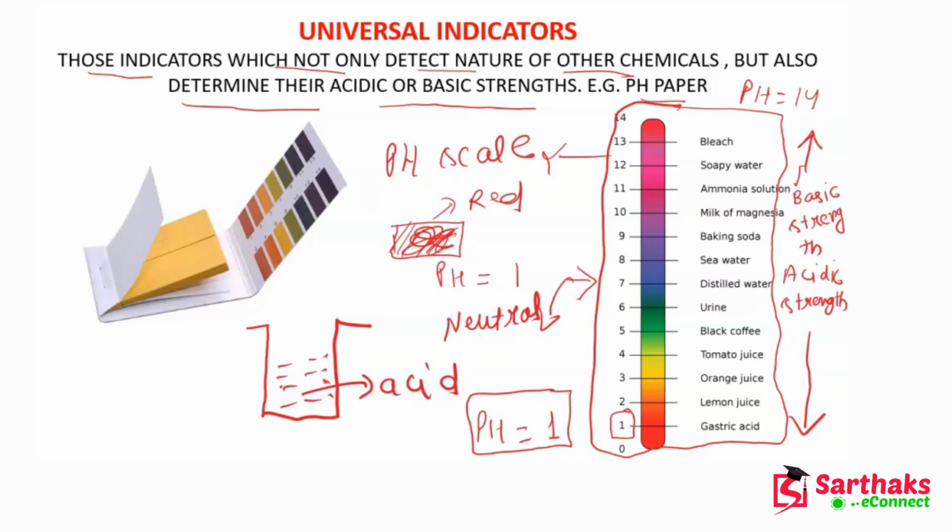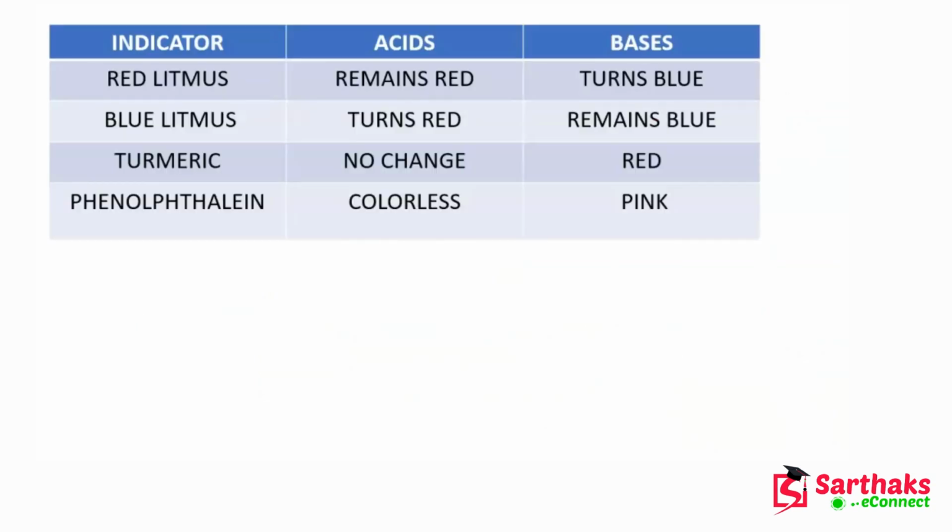Now guys, after understanding this, let's move ahead to the next slide and talk about the other chemical substances, or the other indicators. So let's move on. Let's talk about the indicators written here.